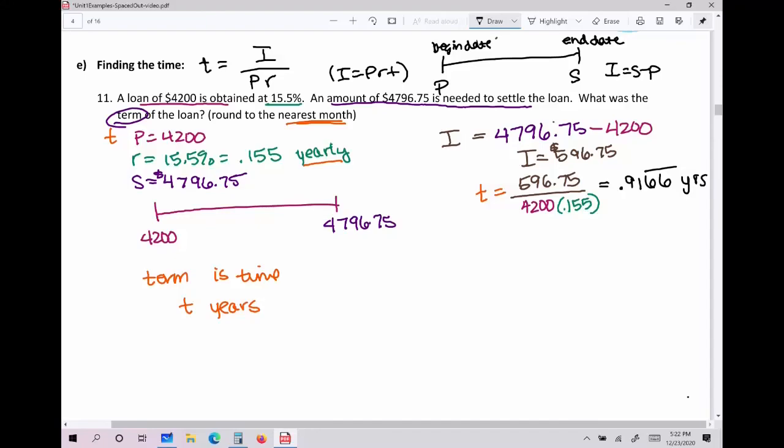Remember, this is in years. So now we have to convert this to months. Don't round it, just multiply your answer. So do answer times 12, and you'll get the months, because there's 12 months in a year, so we should get 11 months. It should be a nice integer in this case. You shouldn't need to round. So that means that our term is 11 months.